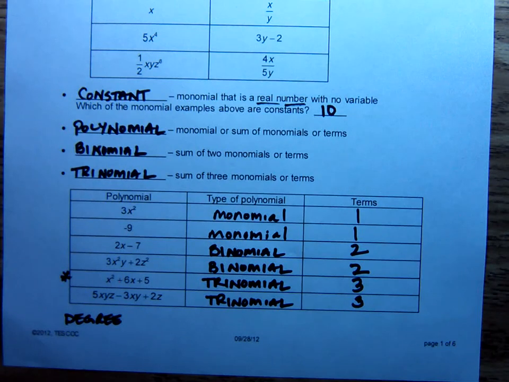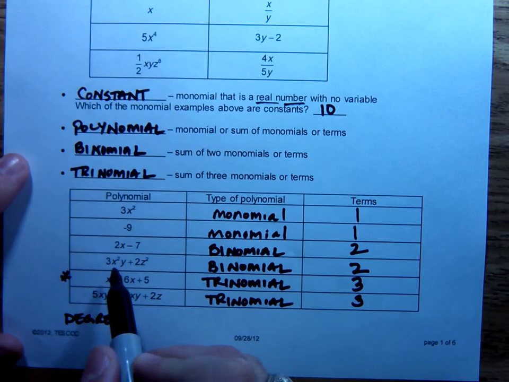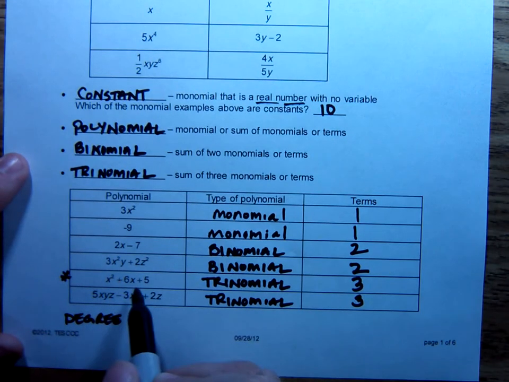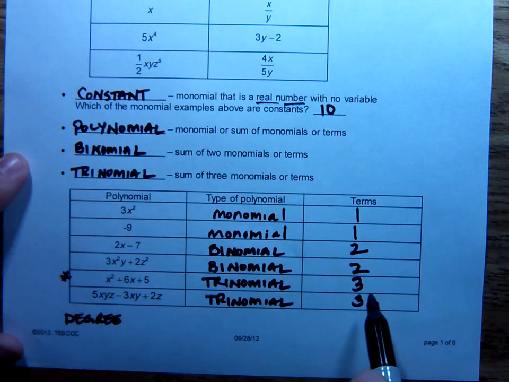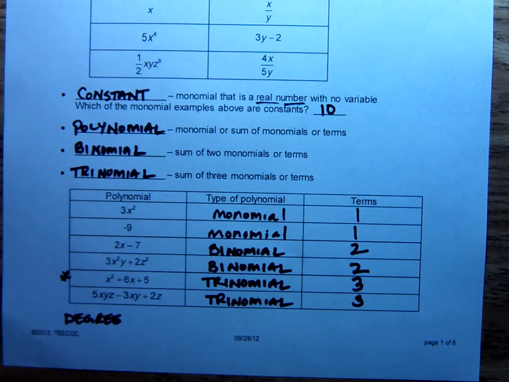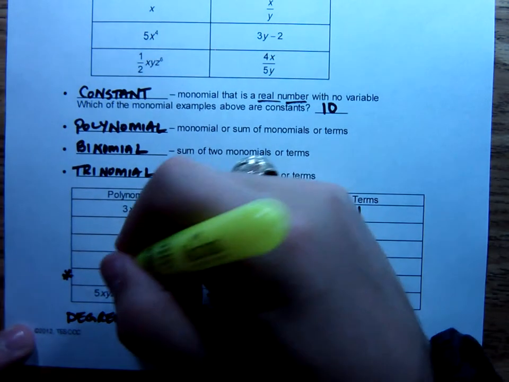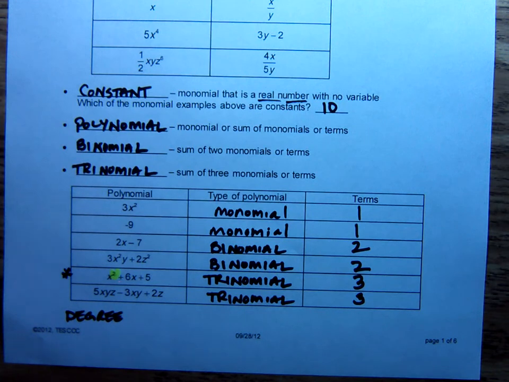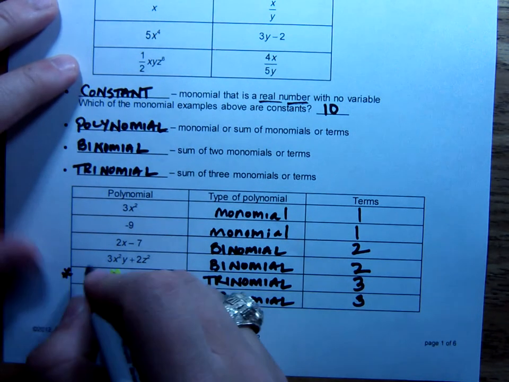The degree of a polynomial is figured out by the highest exponent value. So here, what kind of polynomial is this? Well, this is a trinomial. It's got 3 terms, but the degree is based on the fact that it has a squared term right here. So that squared term tells me I have a second degree.